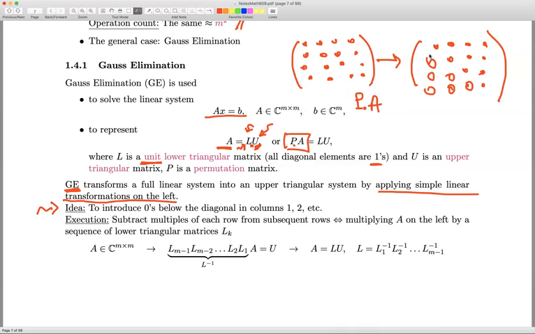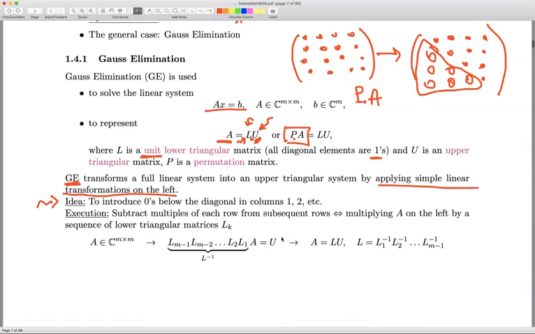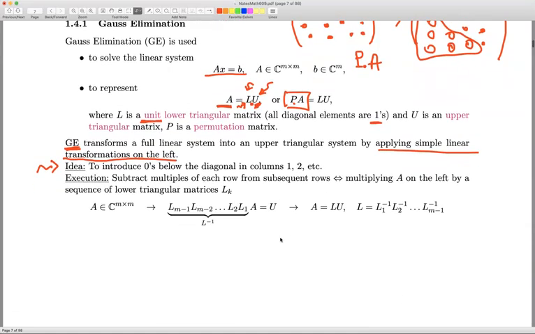So here we see the goal is to make everything below the main diagonal 0. And what is the execution? If one thinks about the execution, we subtract multiples of each row from subsequent rows, if you remember from linear algebra.